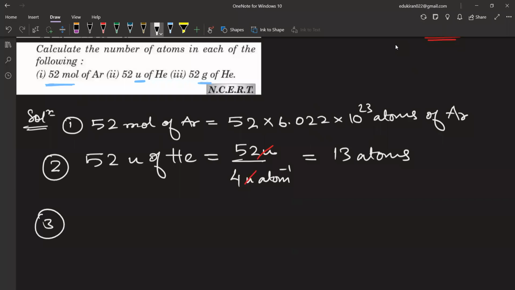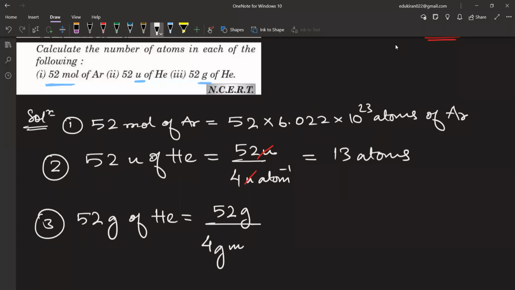Now, third one is 52 grams of helium. This will be equal to 52 grams divided by 4 grams per mole. 4 grams is the mass of 1 mole. 4 U is the mass of 1 atom. Grams and gram cancel and you will get 13 moles.